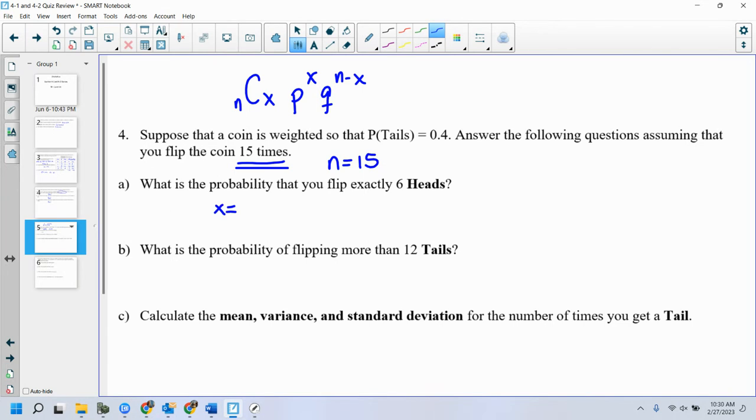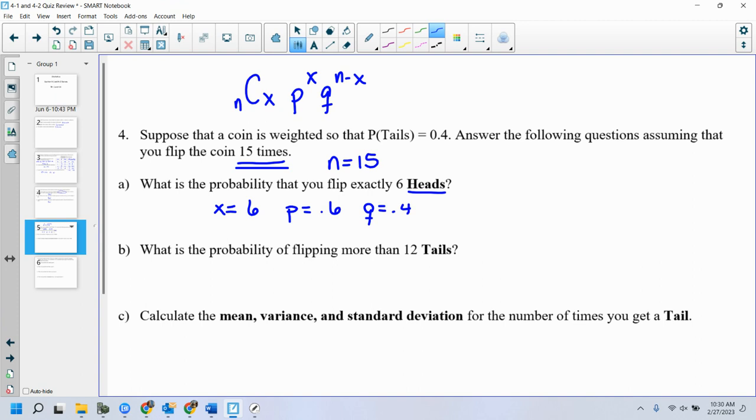What is x in 4A? 6. What is p? 0.6. Be careful, that's why I bold it. A success in this case is heads, so 0.6. q is 0.4.